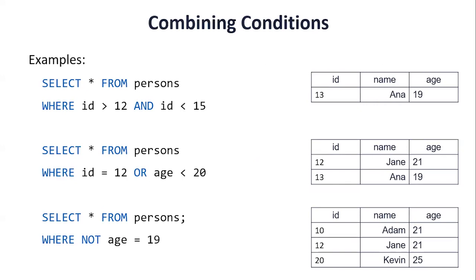And if we say where ID is 12 or age is less than 20, so again, we should get the records that satisfy either ID equals 12 condition or age less than 20 condition.